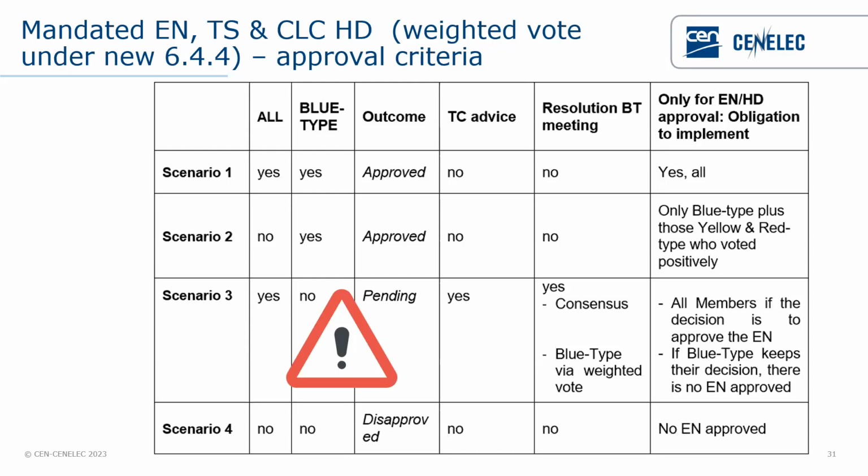So what are the possible scenarios? Let's take, for instance, the example of an EN, scenario 1. The voting is launched. Then in the voting result, the counting with all members provides a positive outcome. The voting with blue tie members also provides a positive outcome, then it is approved.